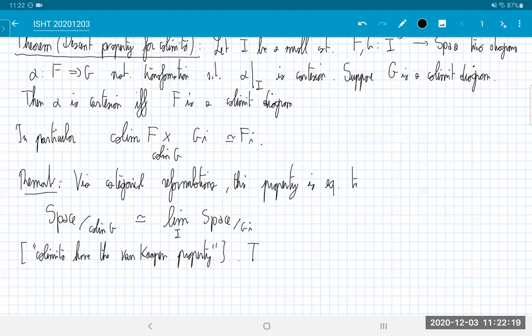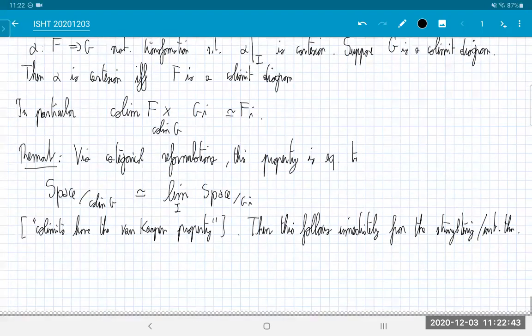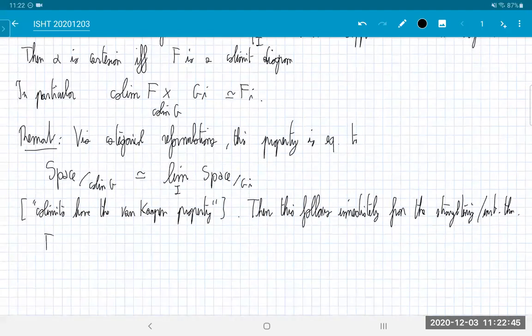And then this follows immediately from the straightening, unstraightening theorem, which I never even stated, but okay, the theorem allows you to rephrase it as this.